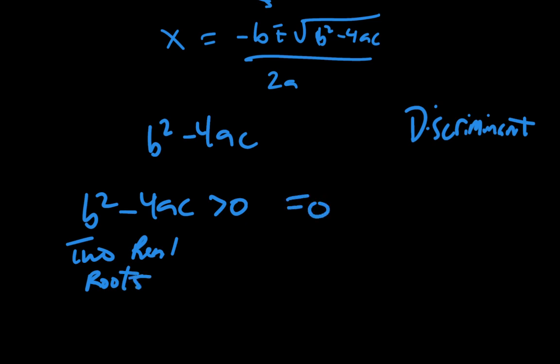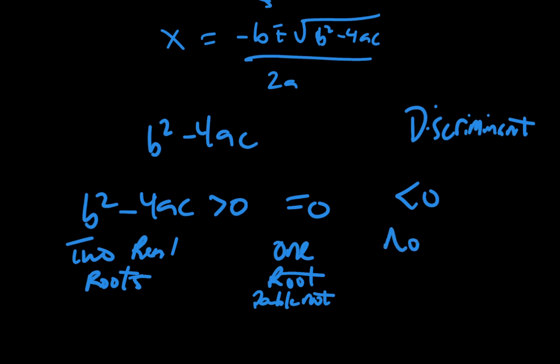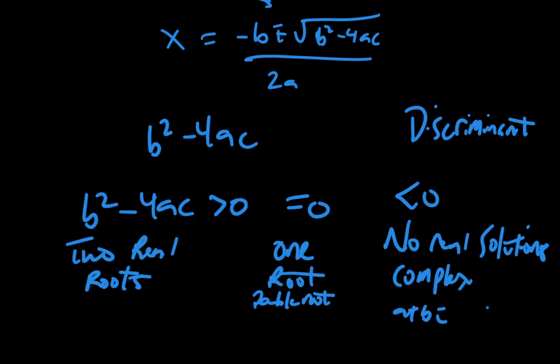If it's equal to 0, then there is 1 root. That means it has a double root that is the same number. And if it's less than 0, it has no real solutions, but it will have complex solutions. And these are of the form a plus bi, where i is equal to the square root of -1.